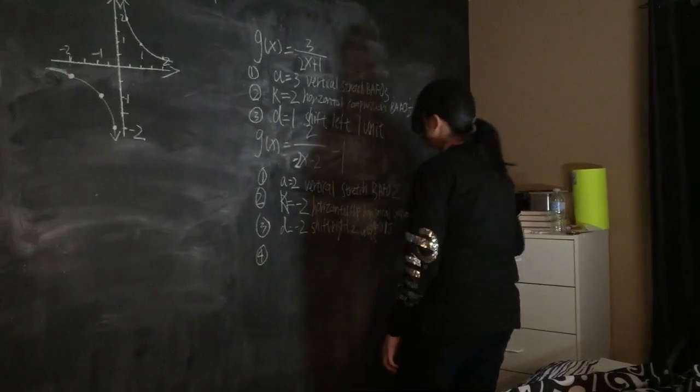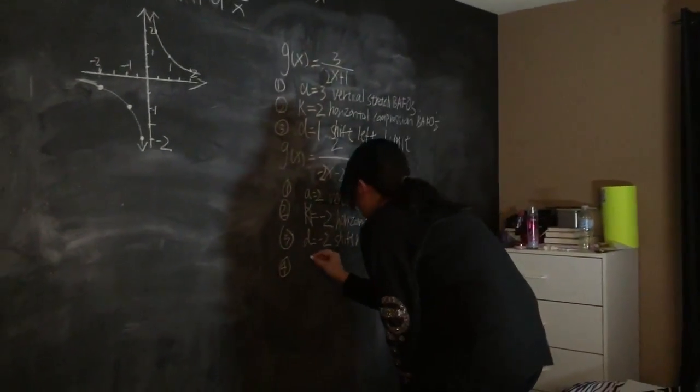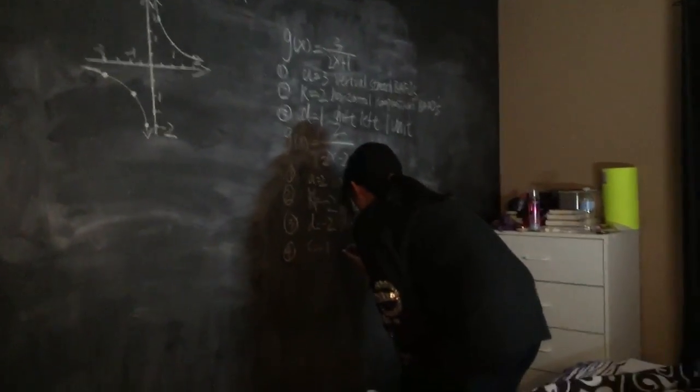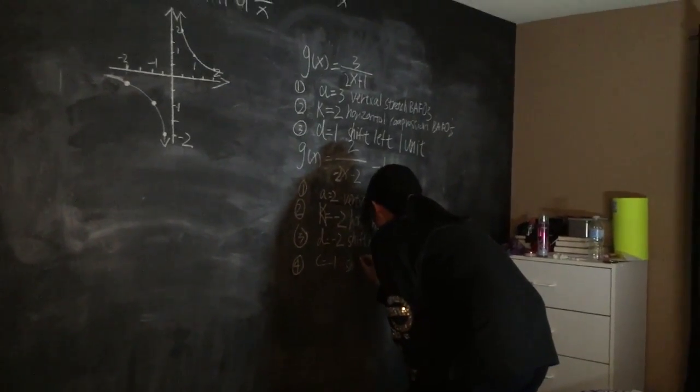And the last one is C equals negative 1, the shift down 1 unit.